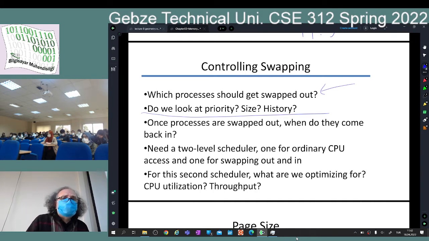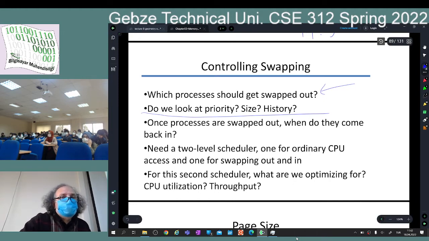Okay, so this looks like, remember our scheduling tasks. Our scheduling algorithm says who is going to get the CPU now, right? That's the question of the scheduling, okay? We have a similar question now. Who is going to stay in the main memory, okay? So that's kind of a second scheduling question.